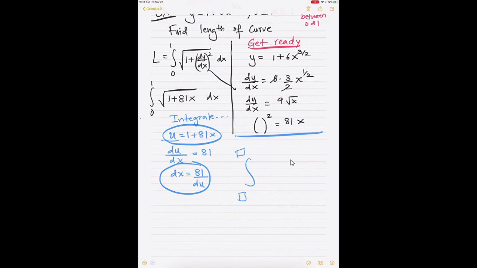And we are going to have the square root of u times du over 81. Sorry, I messed this one up. So du over 81. And so this is going to be 1 over 81, and then a little trick which you will enjoy in this section.